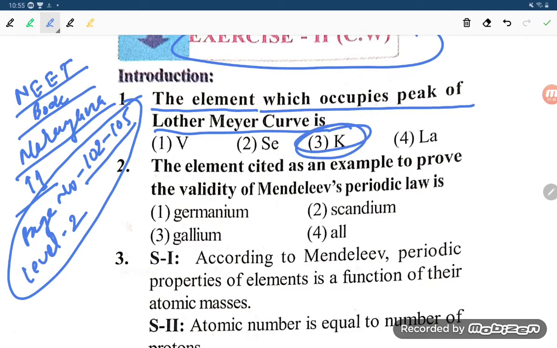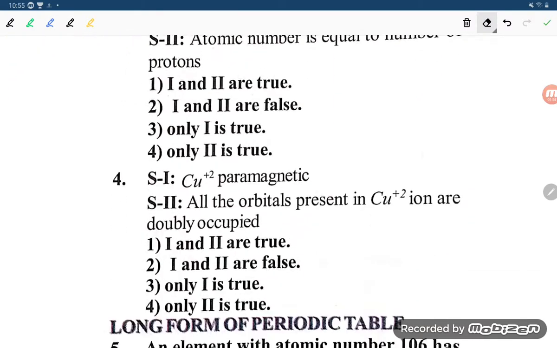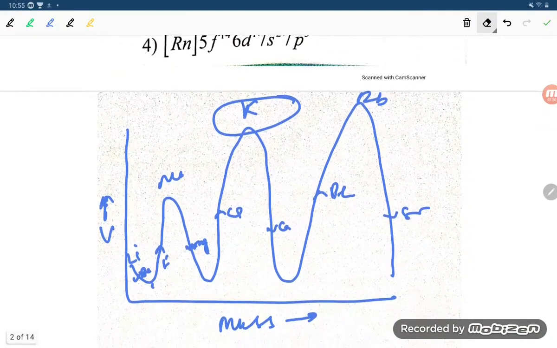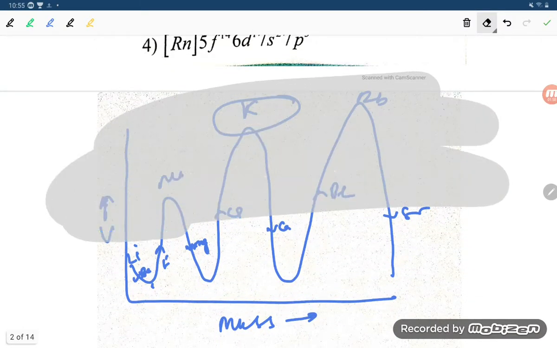Next one: the element cited as an example to prove the validity of Mendeleev's periodic table. Germanium, scandium, gallium and all. So student, what is the meaning of this question? First of all, try to understand it. What did Mendeleev do in his periodic table?